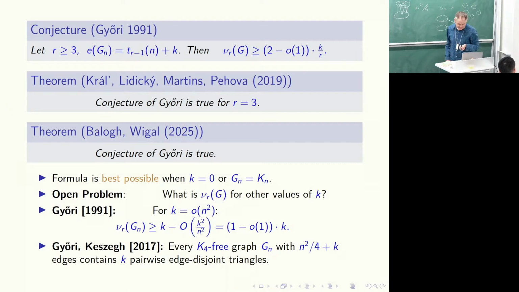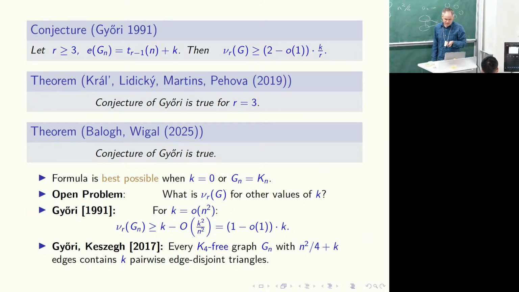One interesting partial result is due to Győri and Keszegh: if we condition on the graph being K4-free and having n²/4 + k edges, where k can be anything, certainly there is a limit because we assume K4-freeness, then the graph contains k pairwise edge-disjoint triangles.